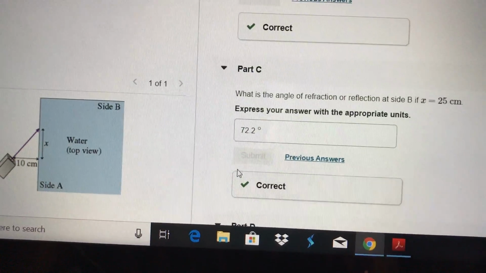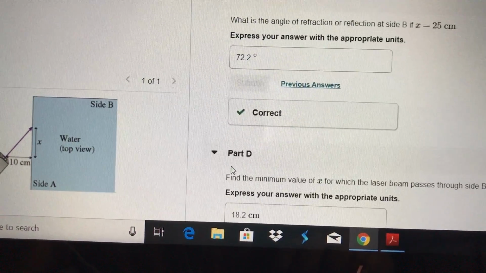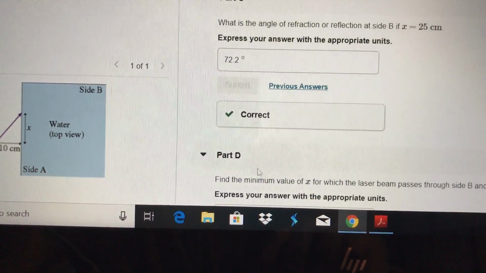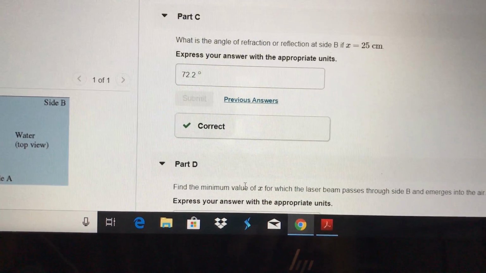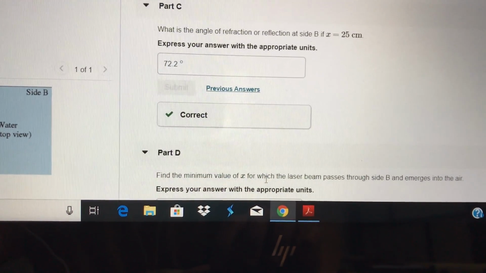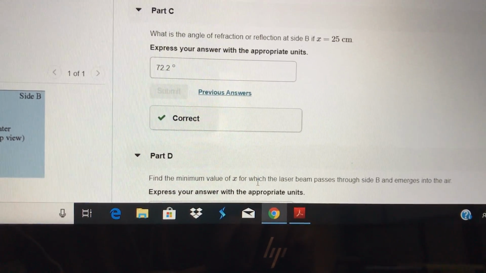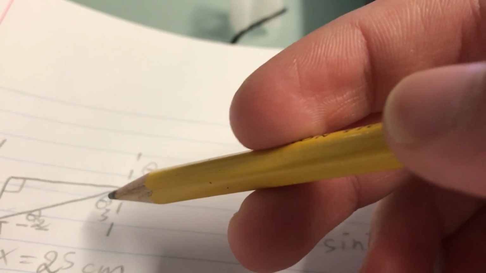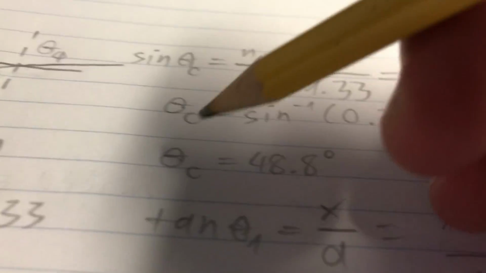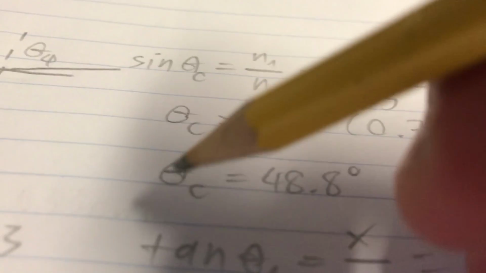Okay, now we will move to the final part, part D. Find the minimum value of x for which the laser beam passes through side B and emerges into the air. So we know that if the light wants to be refracted out to the air, the angle theta 3 must be smaller than or equal to the critical angle, this angle.